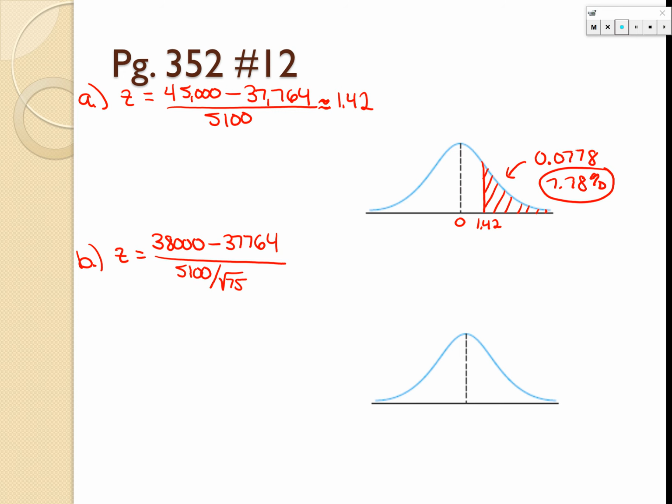So again, how do I know when do I use what we did in A versus what we did in B? Letter A made no mention of taking a sample, made no mention of sample means. It just wanted to know the probability that the salary is going to be greater than $45,000. Just a single data value of $45,000. Letter B though mentions taking a sample of teachers and it mentions a sample mean.